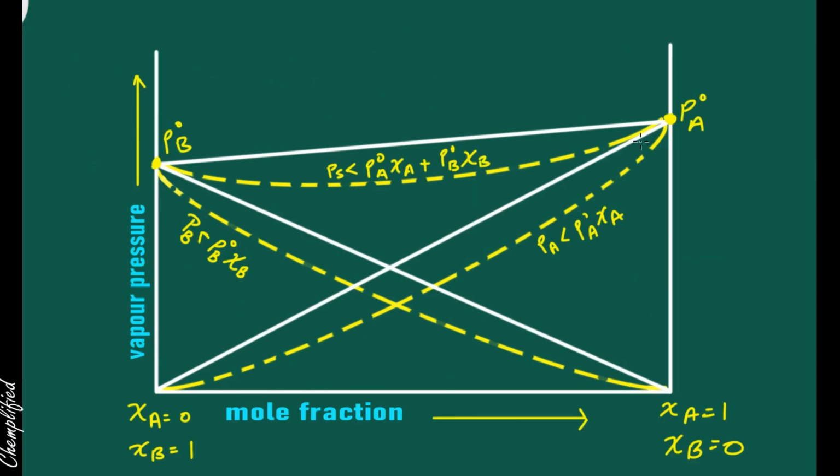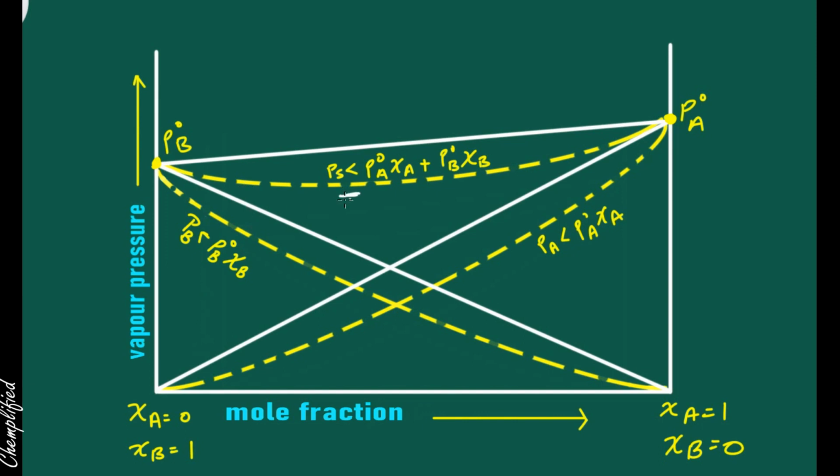This is the graph. The white line shows the graph of an ideal solution, and the yellow dotted line shows the graph of a non-ideal solution that shows negative deviation from Raoult's law. If positive deviation is there, you will make a graph like this. Since negative deviation is there, I have drawn it below the line, right?